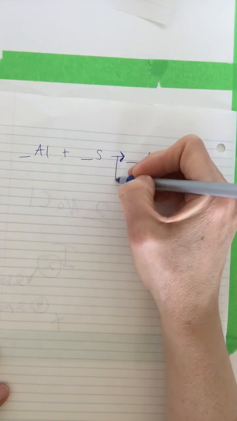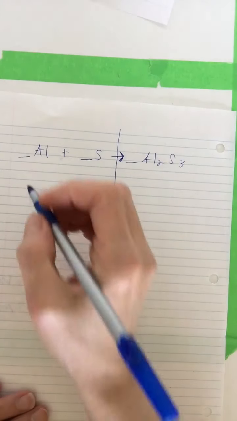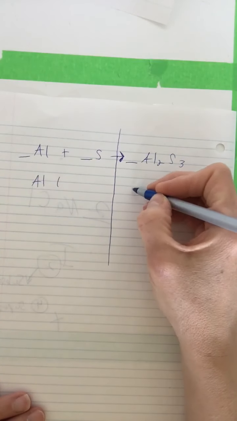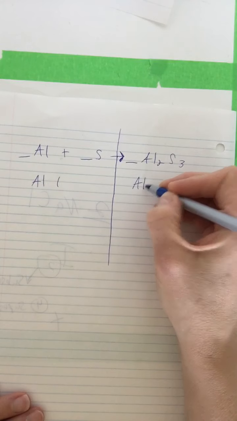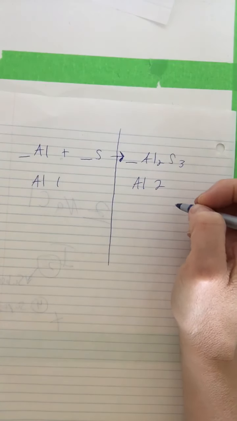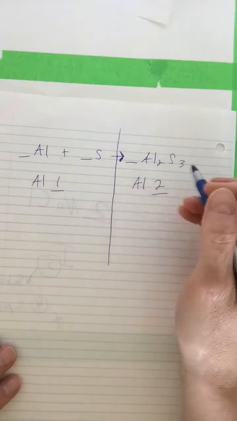So we can put a line through it this way if it's easier to see. So aluminum. On this side, there's 1. And on this side, there's 2.